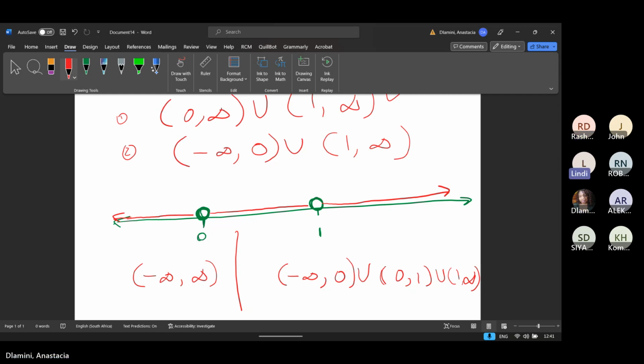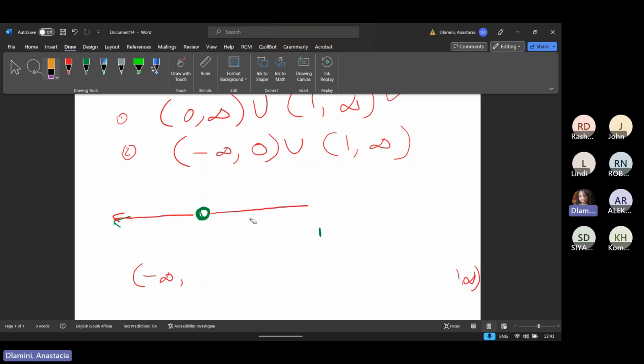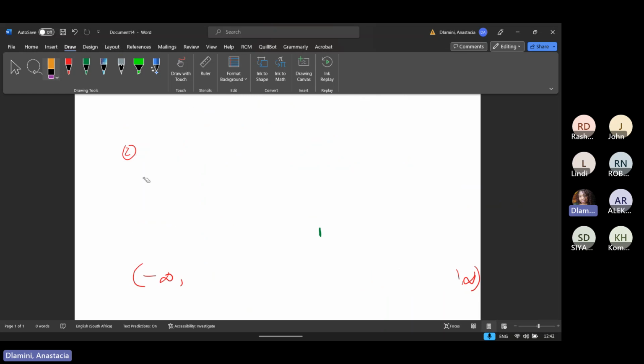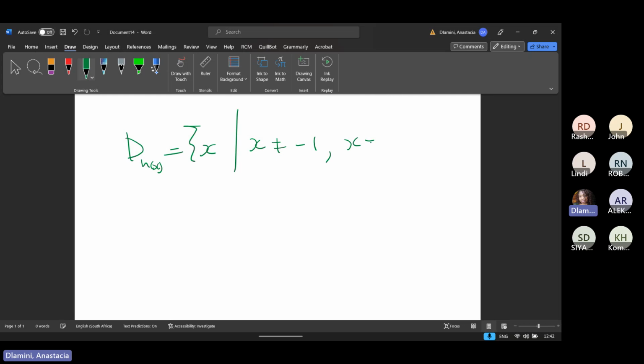Oh, okay. Look at this. This is what I said to you from the beginning. If I have a domain, let's say of h of x, and they tell you that the domain is x an element of real numbers such that x is not equal to -1, x is not equal to 2, x is not equal to 7, it means you go and draw this number line.